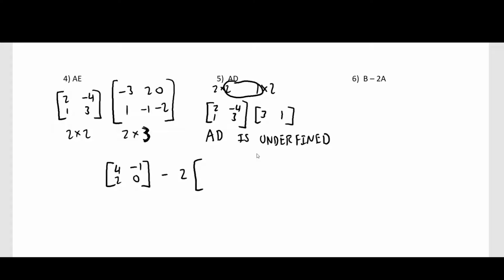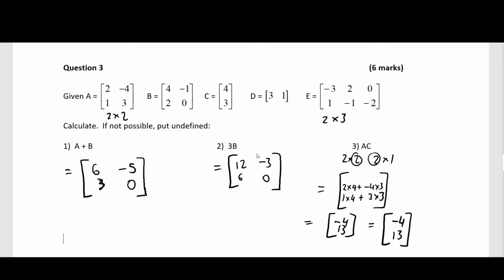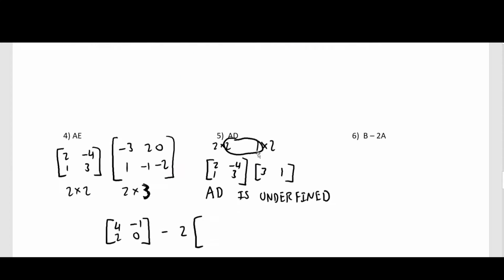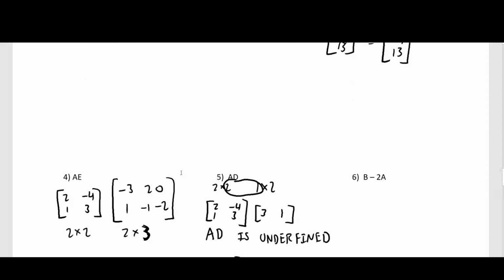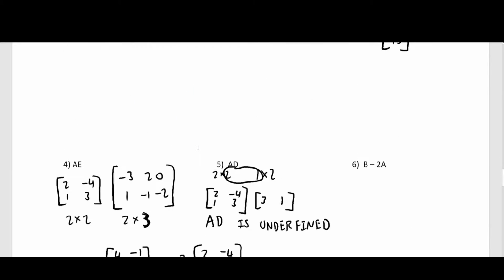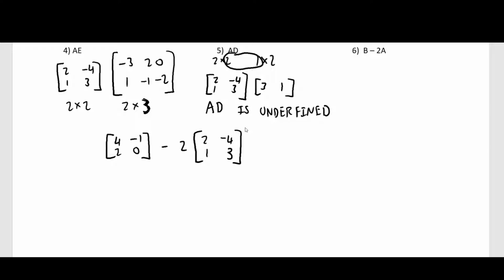Take 2 times by A, which is 2, -4, 1, 3. Let's check I've got B right. 4, -1, 2, 0. Yep, that's good. Next. Now, it's best to do your scalar multiplication first.